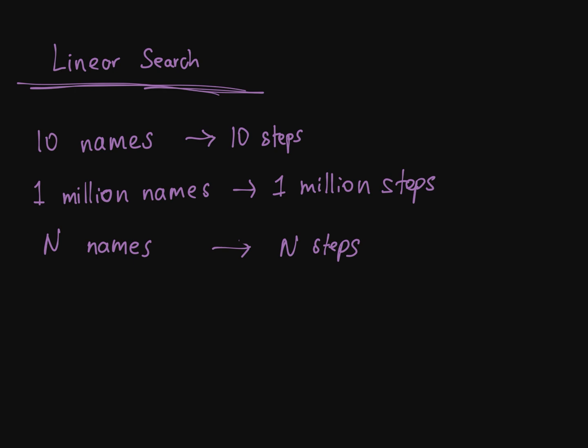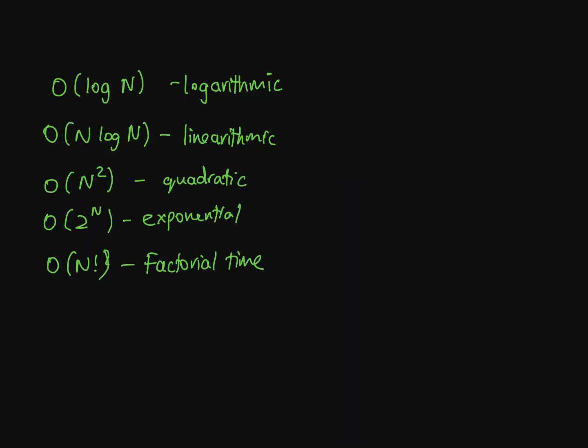And depending on how an algorithm is built, the number of steps can grow at entirely different rates. Some of the most common Big O functions you'll see are O of log N, which we refer to as logarithmic time, O of N log N, or linearithmic time, O of N squared, which is quadratic time, O of 2 to the N, which is exponential time, and O of N factorial, which is factorial time.